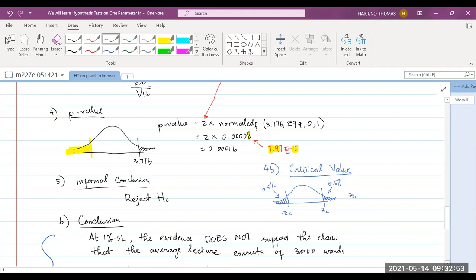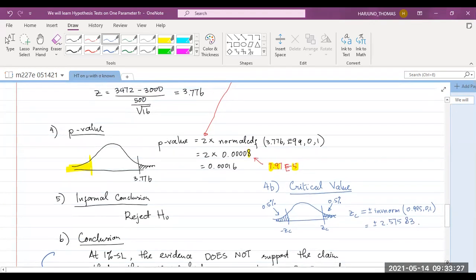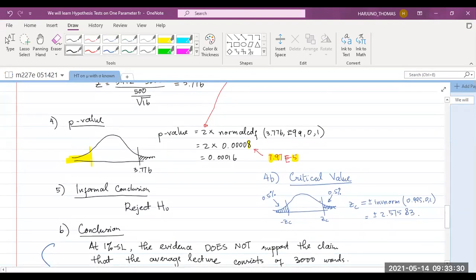So the critical value will be plus minus inverse norm of 0.995, which, as I remember, is plus minus 2.575 something. Now notice that my test statistic is 3.7. It's in the tail, so I still reject the null hypothesis.